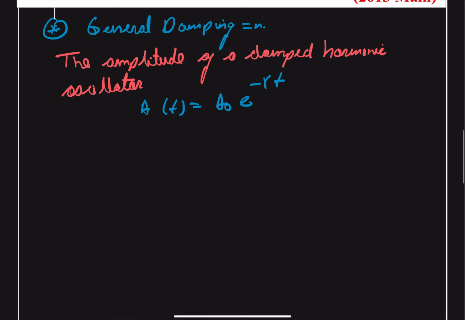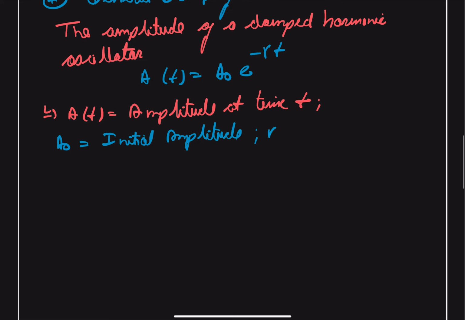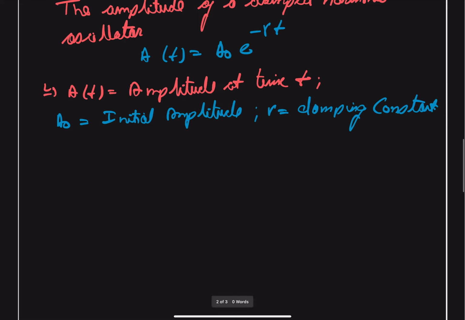And herein we can say that our A of t is the amplitude at time t, A naught is our initial amplitude, gamma is the damping constant, and t is the time.